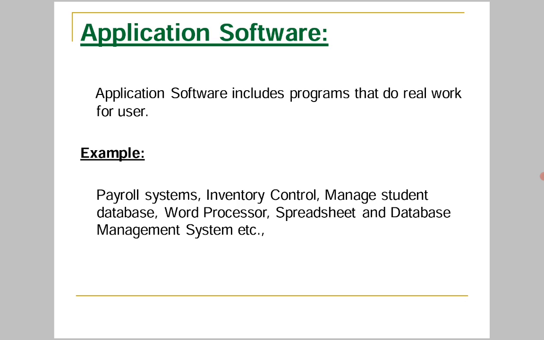For example, preparing a payroll system for an organization or MNC. Whereas system software means operating systems, tools, utilities, compilers, linkers, translators, like that.